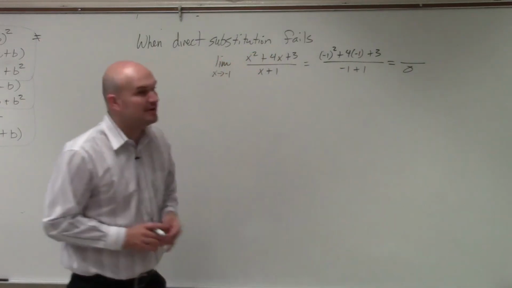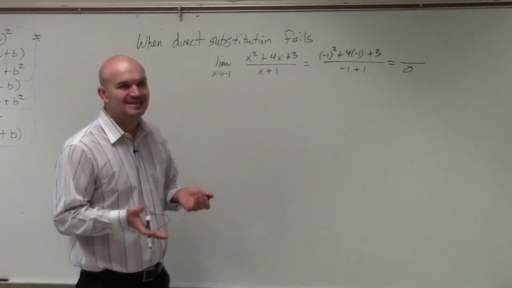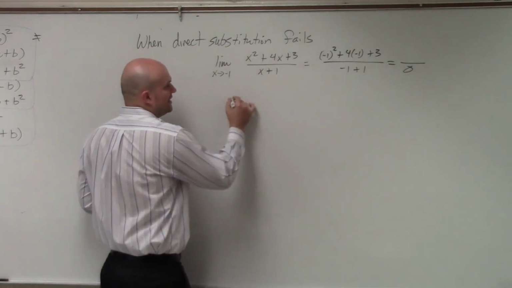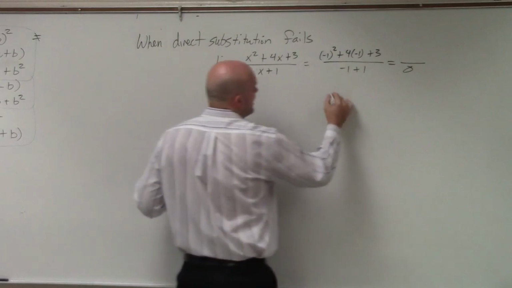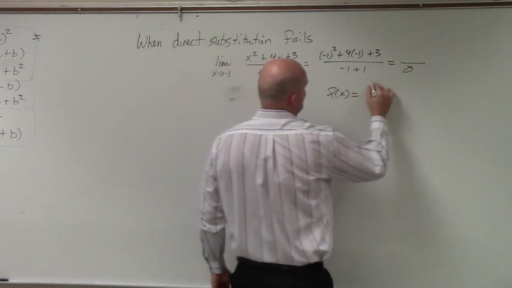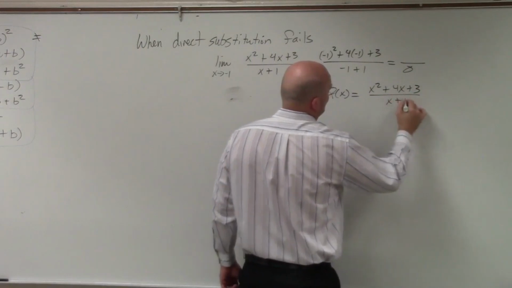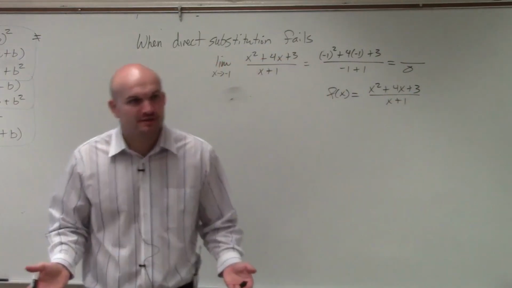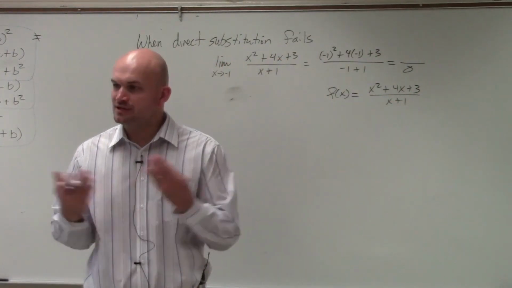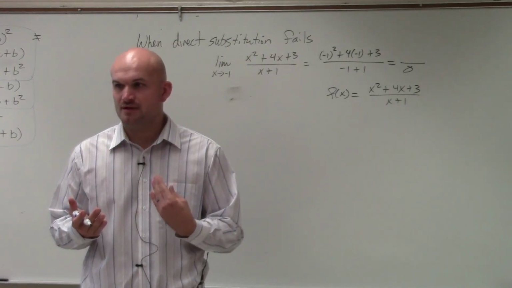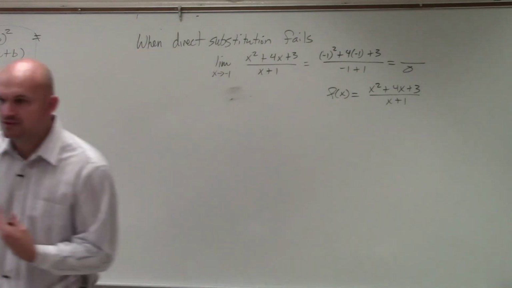So what we need to now do is look for some different algebraic techniques. And if you guys remember, our function is f of x equals x squared plus 4x plus 3 divided by x plus 1. Right? That's our function. Now, if you remember, we always want to look into, especially when we have rational functions, that's what our function is, what we need to do is look into simplifying that.